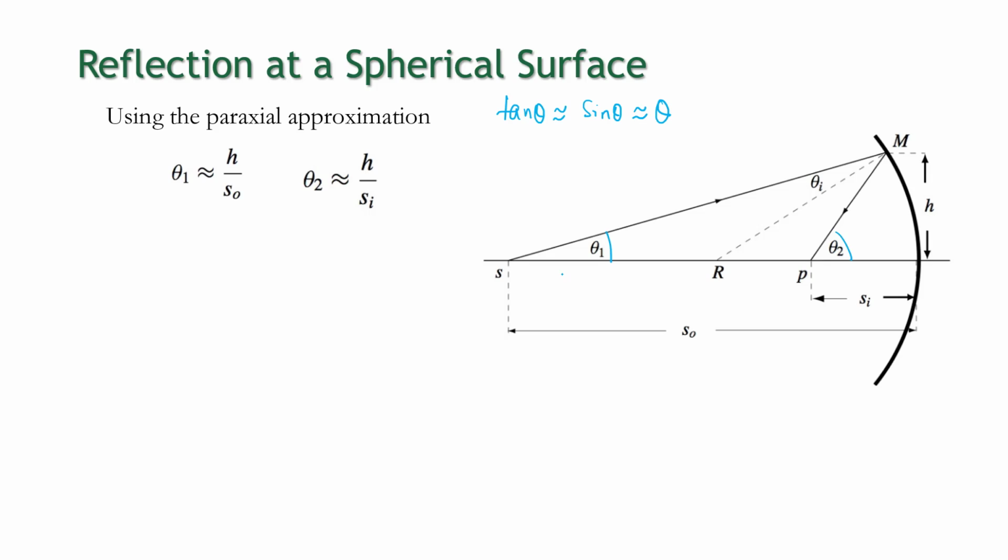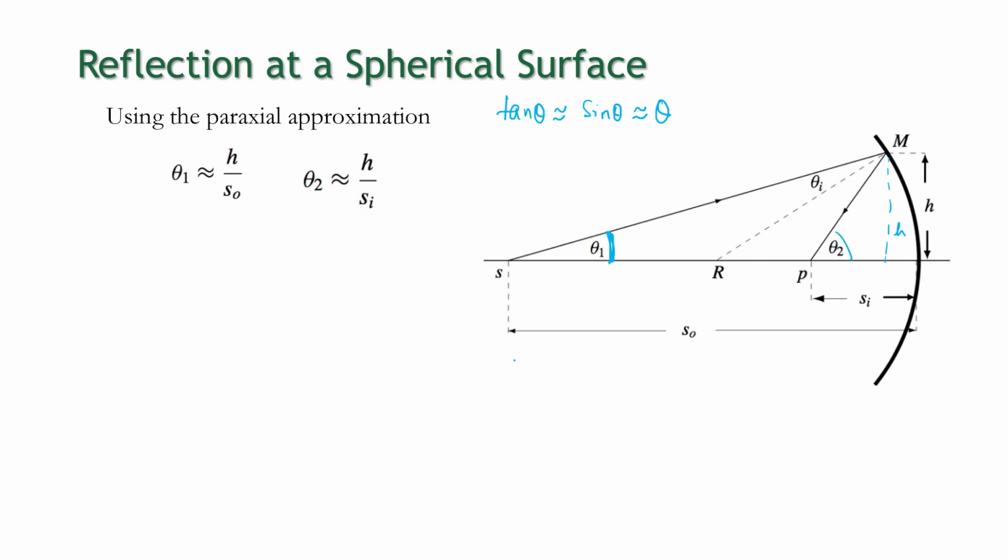So here, if we consider theta I, then theta I would be this height over S naught.